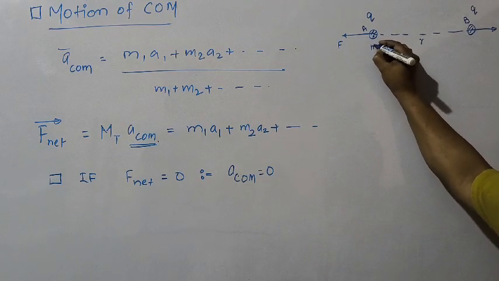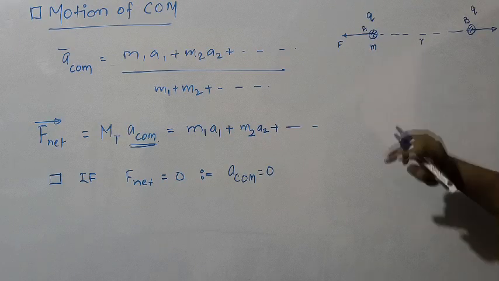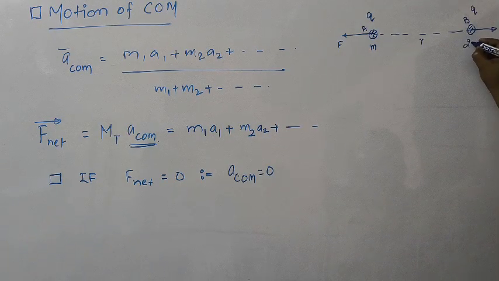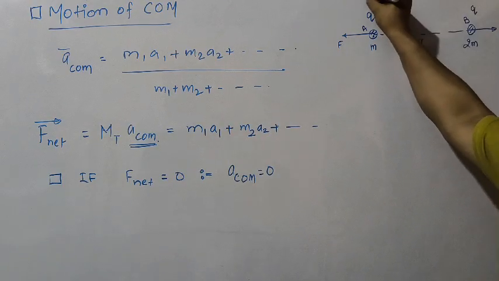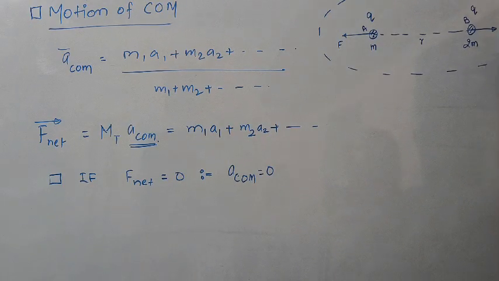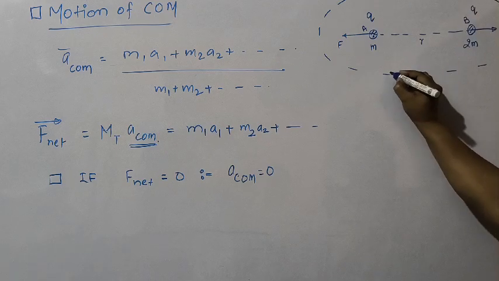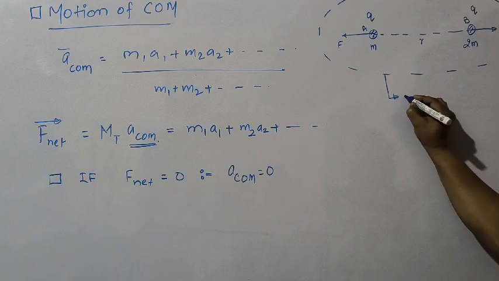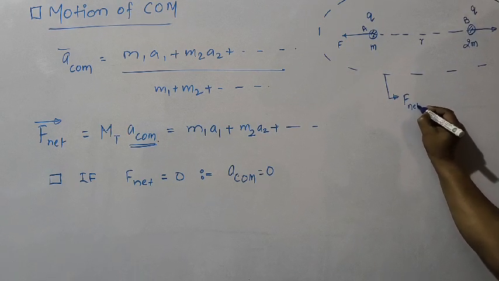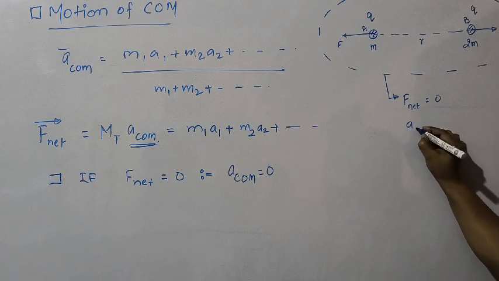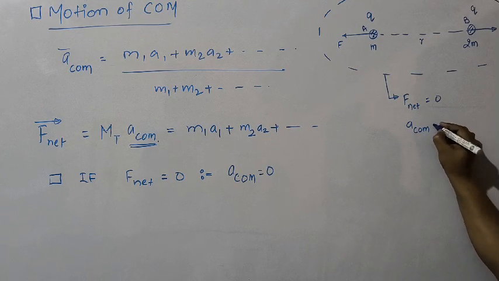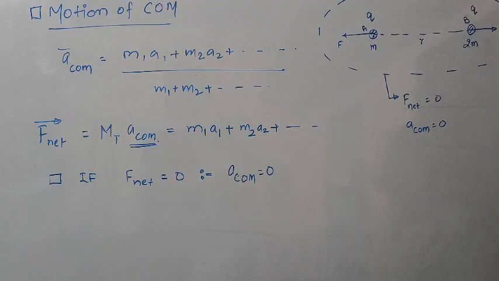Let's say the mass of the charge at A is m and the mass of the charge at B is 2m. So the net force on the system will be 0, so I can say F net is equal to 0. Obviously I can say the acceleration of center of mass is also 0.